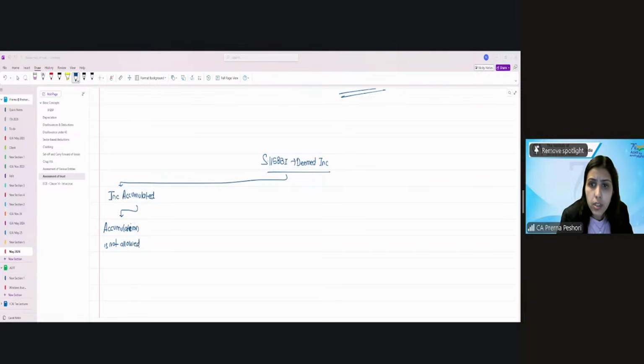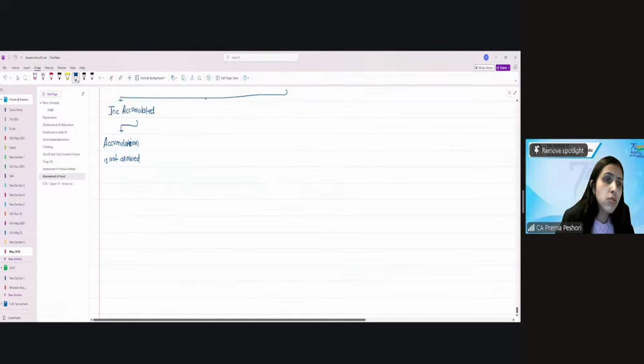Or the accumulation has been done, however, the income is not applied for the charitable or religious purposes. So either income is accumulated and accumulation is not allowed. What do we mean by accumulation is not allowed? Let's say where Form 10 is not filed within the due date.